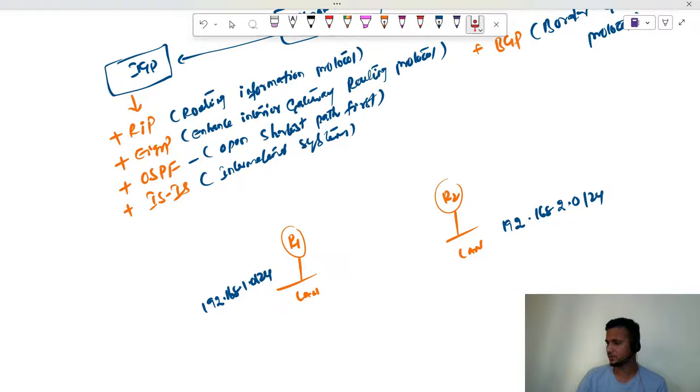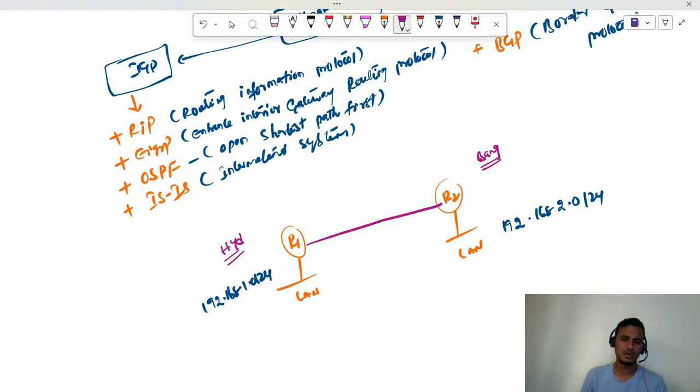Now, if you have two different setups, you can consider this as my Hyderabad office, and this location is in Bangalore. When we connect router to router like this, you can consider any port.